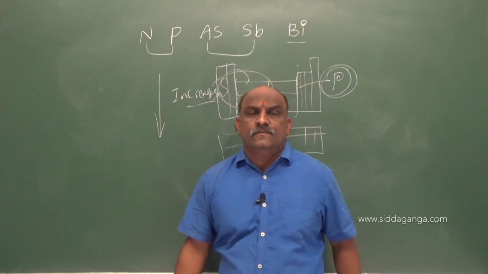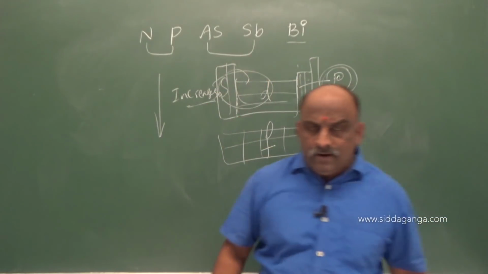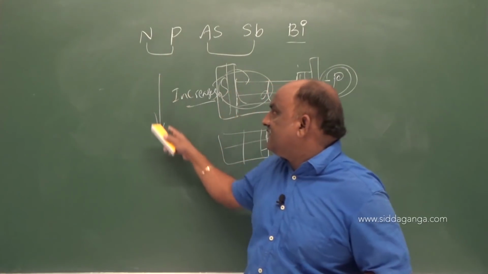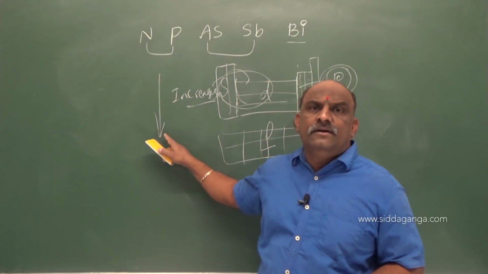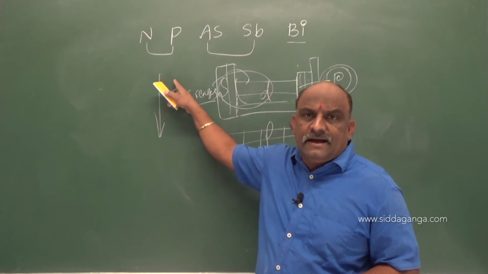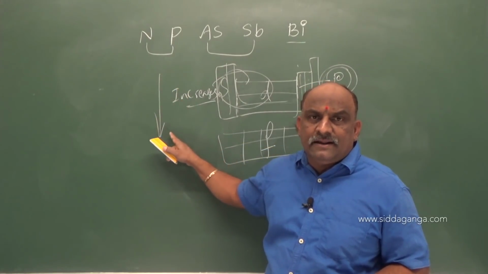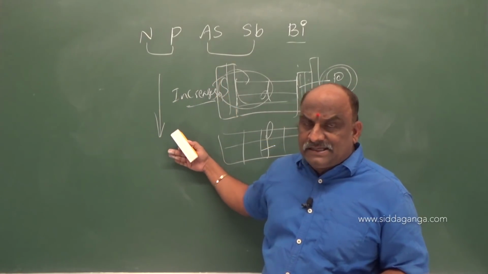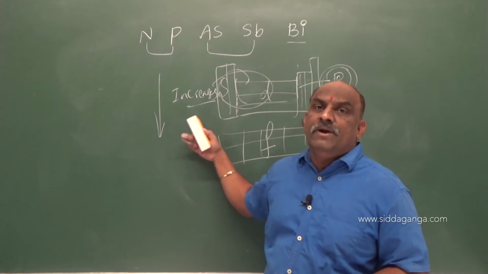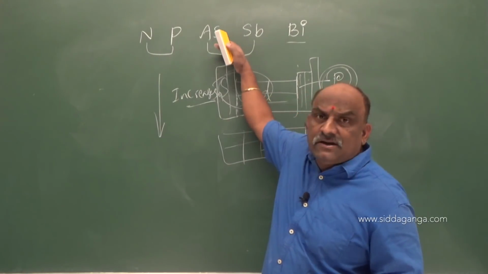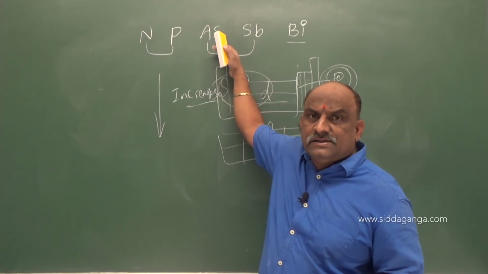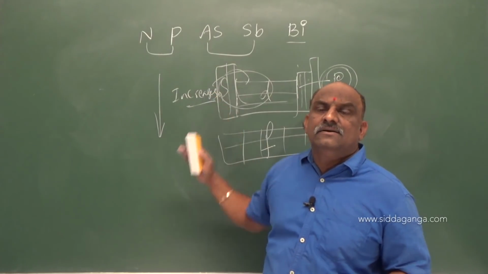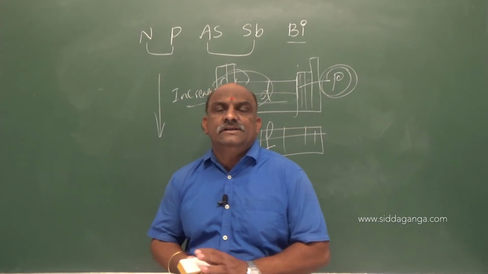Remember students, in the periodic table, down the group metallic character increases and non-metallic character decreases. In the periodic table, bottom elements are considered as metals, and top elements are considered as non-metals. Between metals and non-metals, the remaining elements are considered as what?